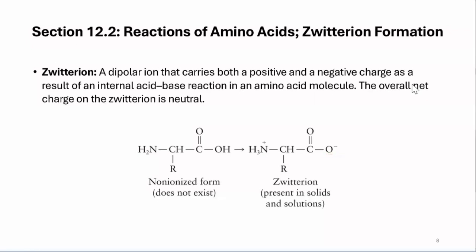And then the oxygen that used to have the hydrogen, in other words, the proton, is going to become -1 formal charge. Since a Zwitter ion specifically has a +1 and a -1 formal charge at those atoms, when you add those formal charges, that equals 0. So the net charge for a Zwitter ion is neutral.